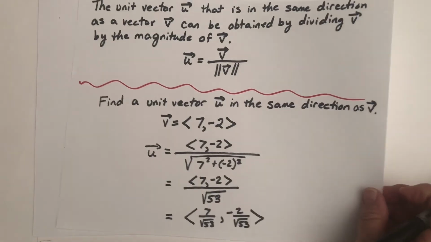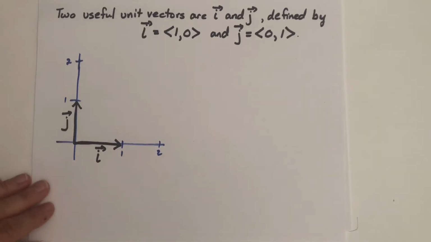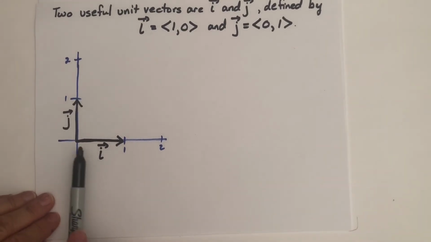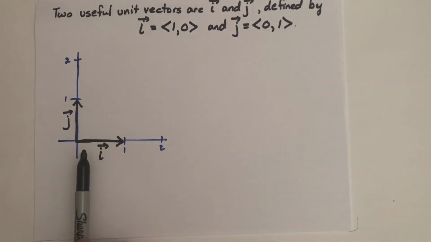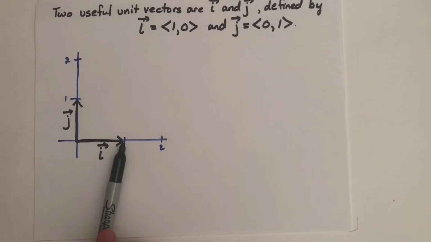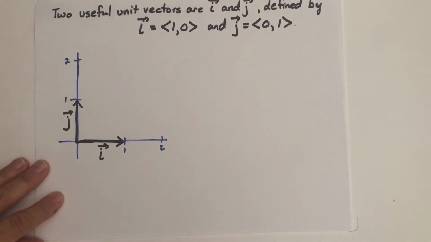There are some useful unit vectors that are actually very common. They are the unit vectors in the x direction and the y direction. We let i be the unit vector in the x direction, and j is the unit vector in the y direction.